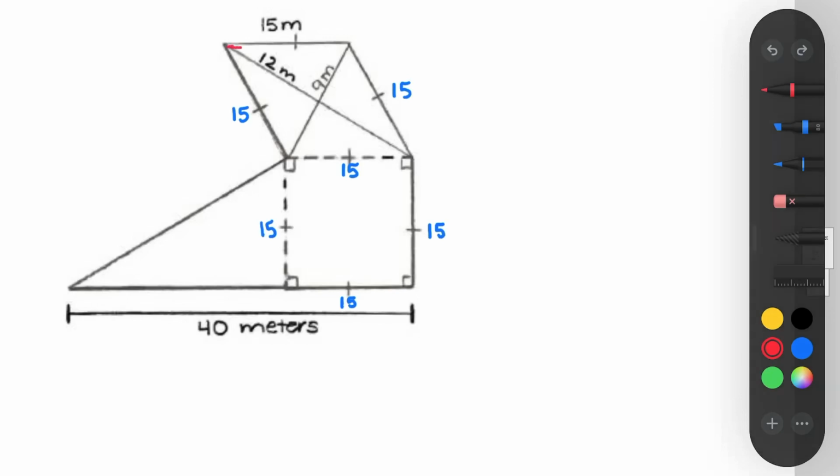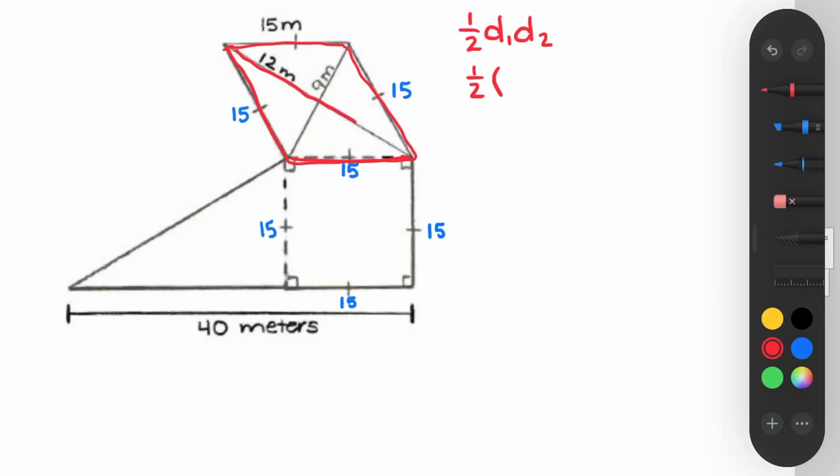So let's start with that rhombus on the top. I don't know how tall it is, so I can't just use base times height because they didn't give me the height. So I'm going to have to use that diagonal formula, right? And that goes 1/2 the length of the first diagonal times the length of the second diagonal.